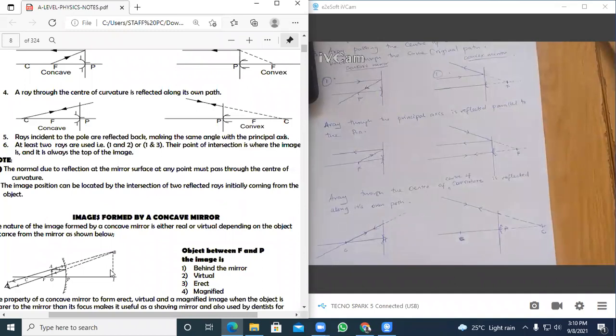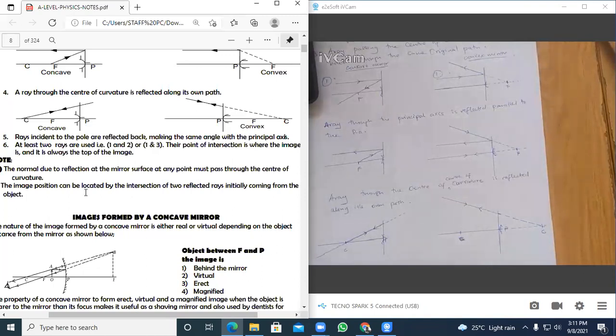So all those rays that are directed towards the pole of the mirror along the principal axis will be reflected along the same path.